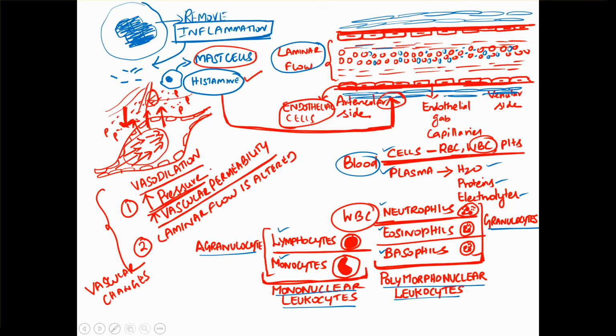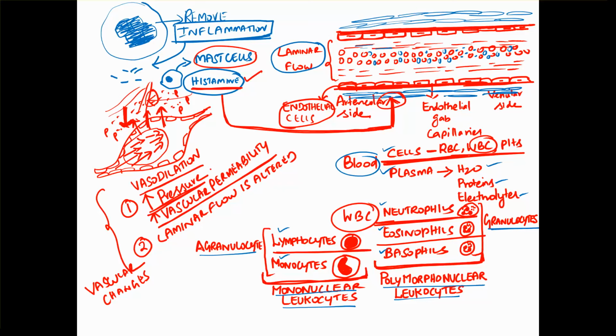These vascular changes happen mainly because of histamine. For example, somebody has a nasal infection. What happens immediately? The mast cells secrete histamine. The histamine goes and acts on the nasal mucosal blood vessels. The blood vessels dilate, more fluid comes, and that is the reason for a running nose.